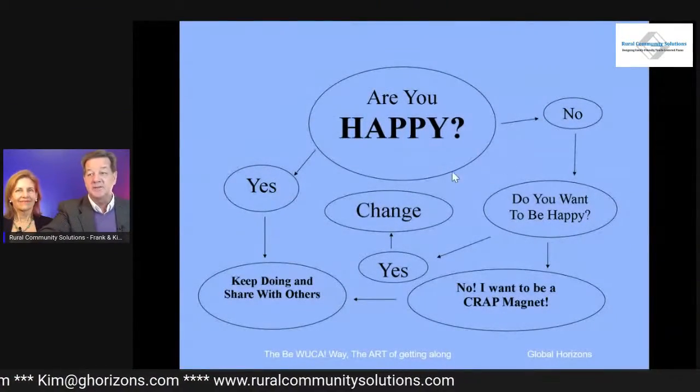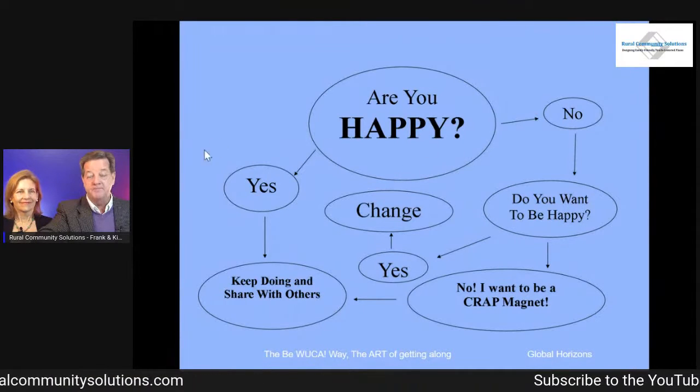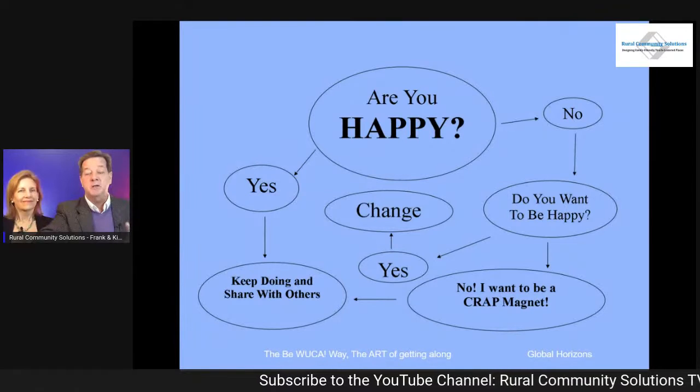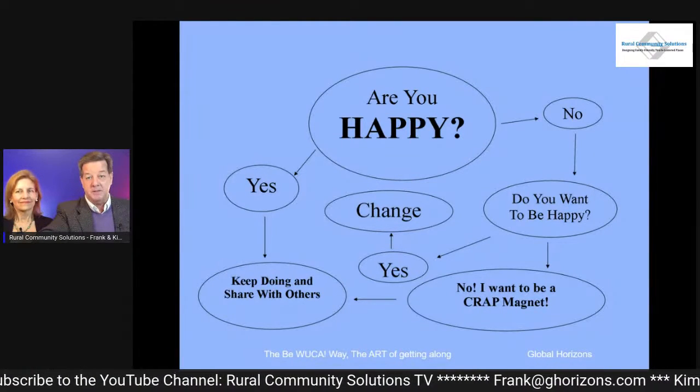Now, the second part of that is, are you happy? No. Okay. Then you have to ask yourself another question. Do you want to be happy? Yes, I want to be happy. You choose that. Okay. So if you wake up in the morning and you say, am I happy? And you say no, then the next question is, do you want to be happy?